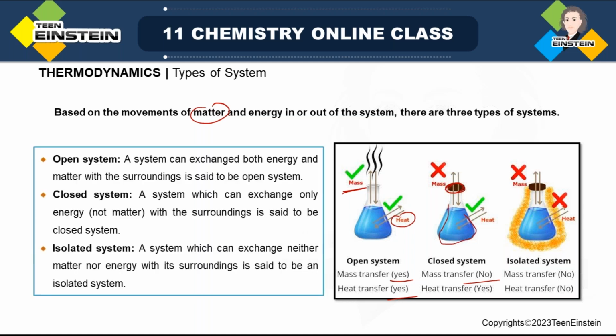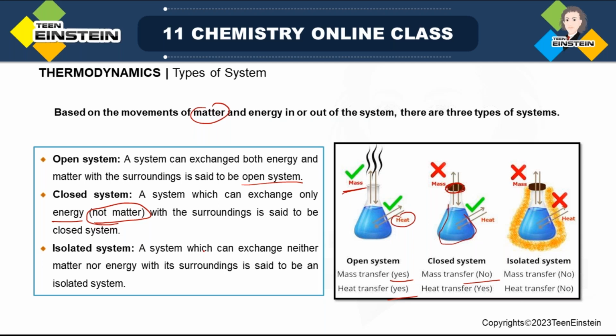So these three types of system depend on whether matter and energy exchange is possible or not. Open system: a system can exchange both energy and matter with the surroundings. Closed system: a system can exchange only energy but not matter. And isolated system: no exchange possible, whether it is matter or energy, nothing. It is completely isolated.